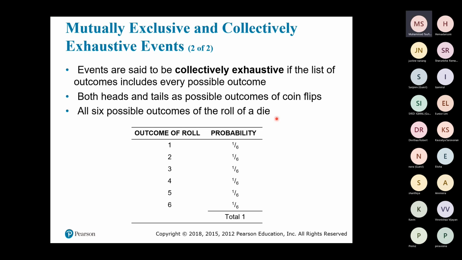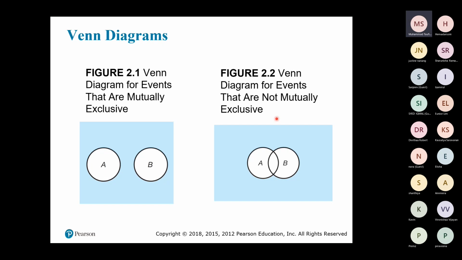You must specify your outcome. So we can represent the mutually exclusive and collectively exhaustive event using the Venn diagram. Venn diagram is one of the techniques to represent this.